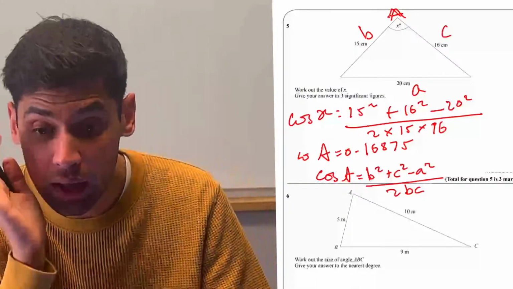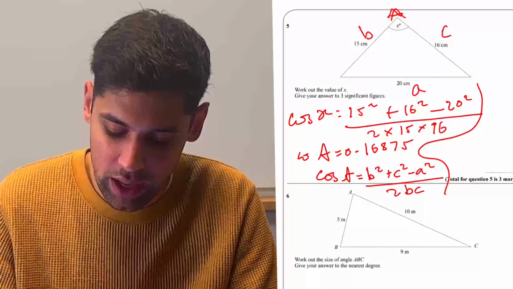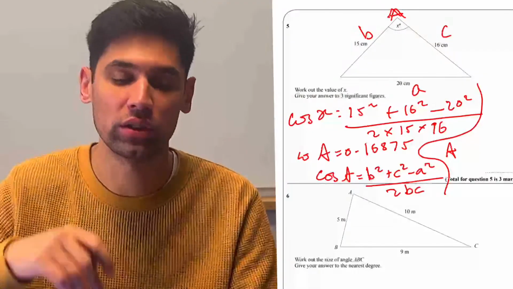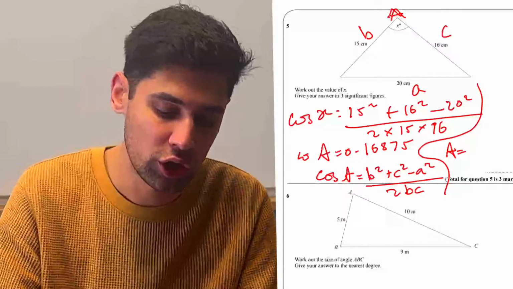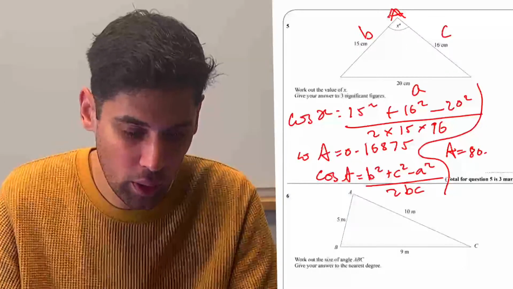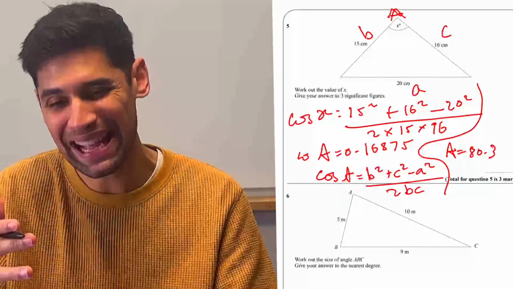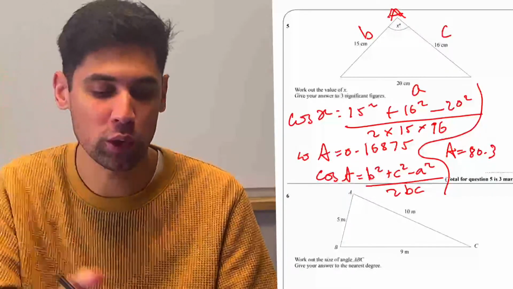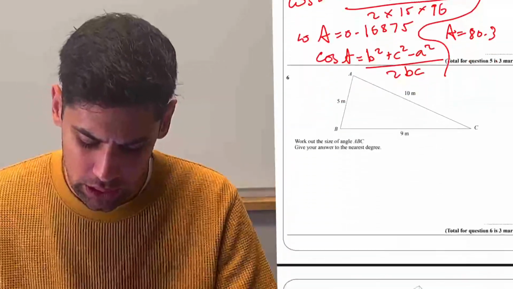And remember, that is not the answer, that is cos A, we're looking for A. So A equals inverse cos, shift cos, cos to the minus 1, whatever you want to call it. So shift cos answer equals 80 point, three significant figures, 3. This is 80.28. The 8 shoves the 2 up to a 3, and we're all good. That's how we do that one.